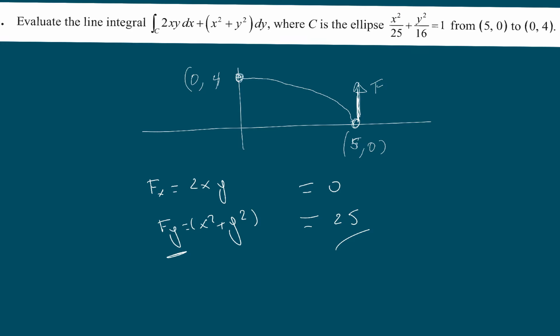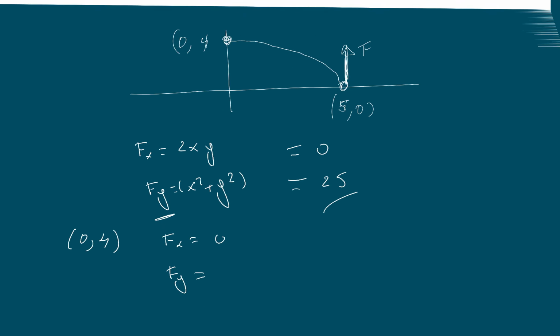At the point 0, 4, the vector field has f of x equal to 0, and f of y is y squared.